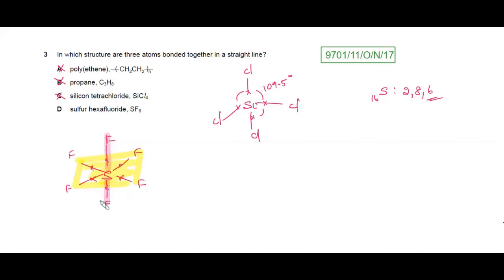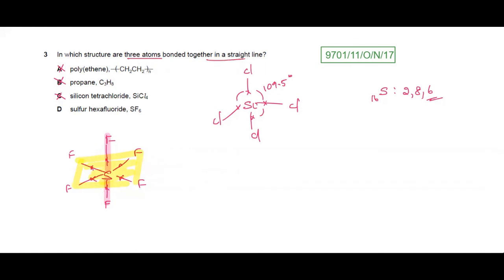These two will be perpendicular to the plane, meaning you consider any fluorine, sulfur, fluorine atoms diagonally opposite, they all will be in a straight line. We have 3 atoms in a straight line.